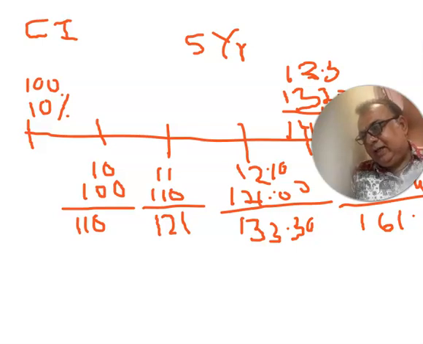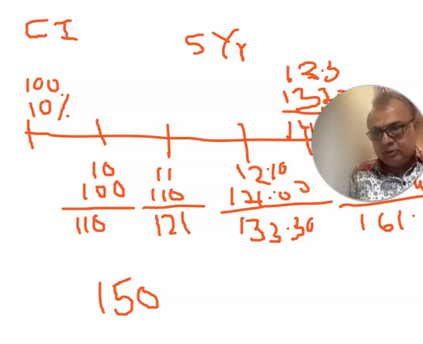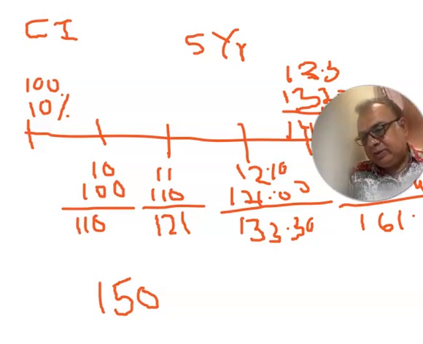So you see, if you are going only with simple interest, fixed depositing your amount in the bank with simple interest, you will get 150 rupees. However, if you are putting it in a fixed deposit with compound interest annually, you will get 161 rupees.